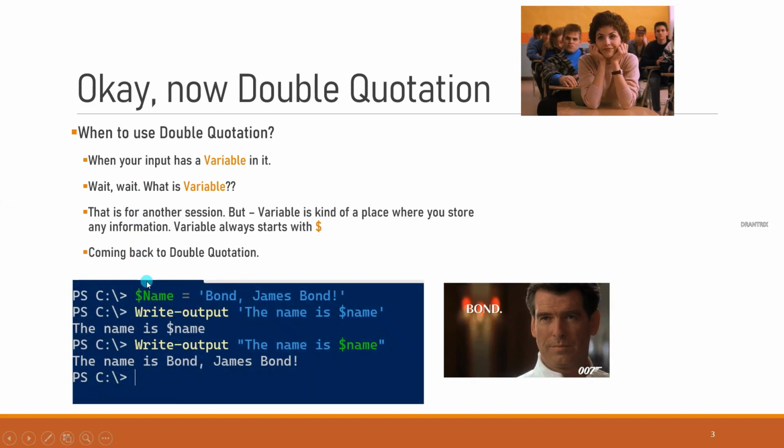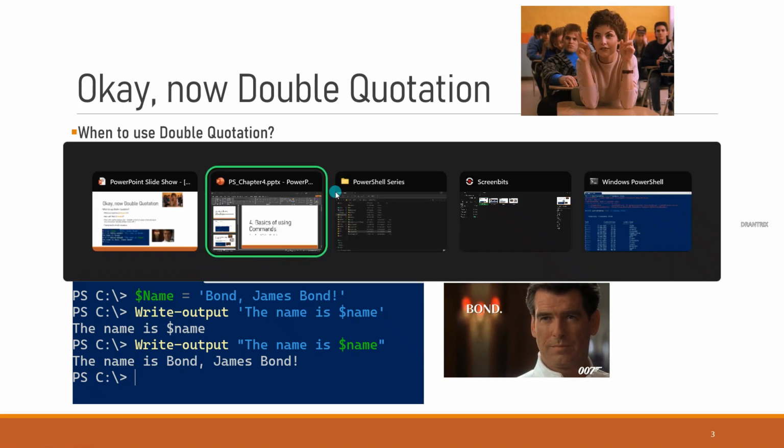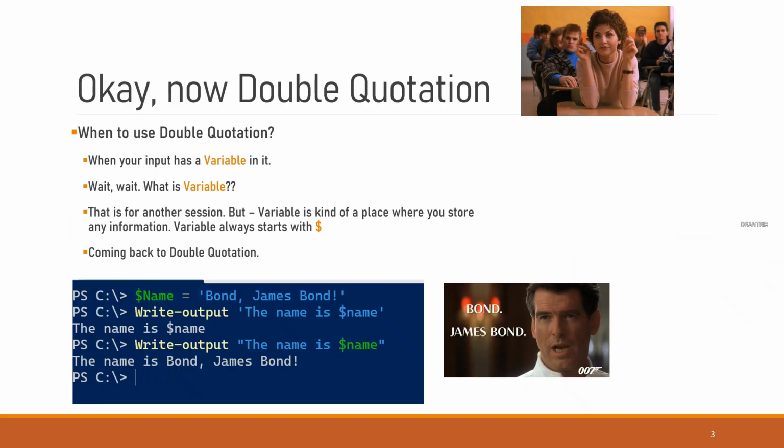I love James Bond, so that's why this example comes here. I will save time by not typing all these things once again. Let's look at the first line. I'm mentioning the variable, which is name, and as I mentioned before, it starts with a dollar. Now I'm giving the string input, which is Bond, James Bond.